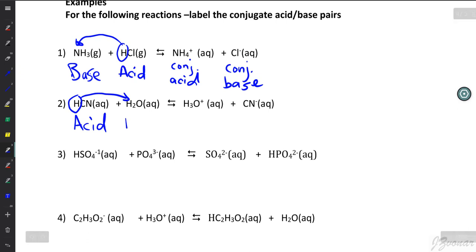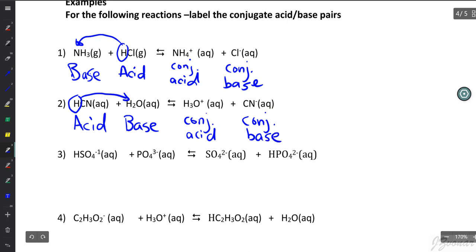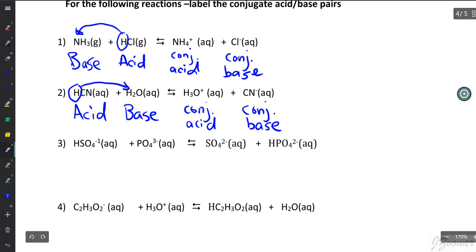Hence, water is acting as the base because it's accepting that hydrogen ion. Now, looking on my product side, this is my conjugate acid because in the reverse reaction it will give up its proton or donate it, and this one will accept it. So therefore this becomes my conjugate base. All right, so hopefully you're getting the idea of what we're doing here.